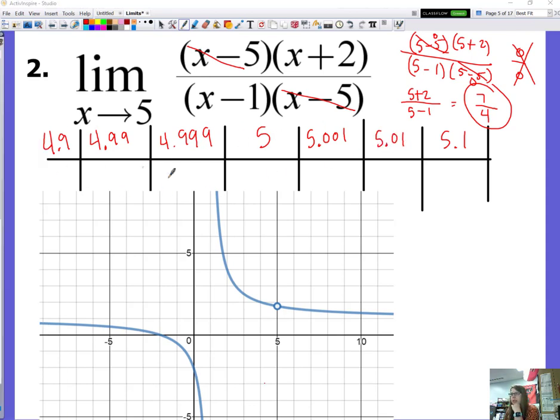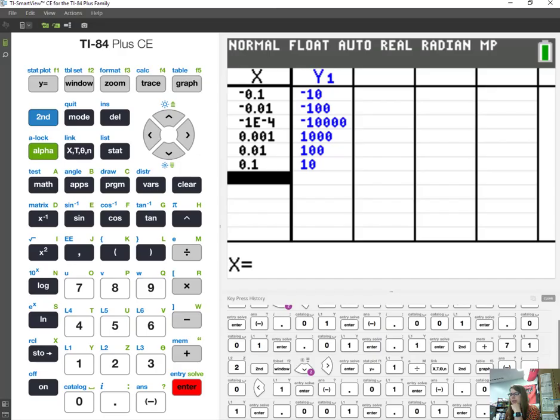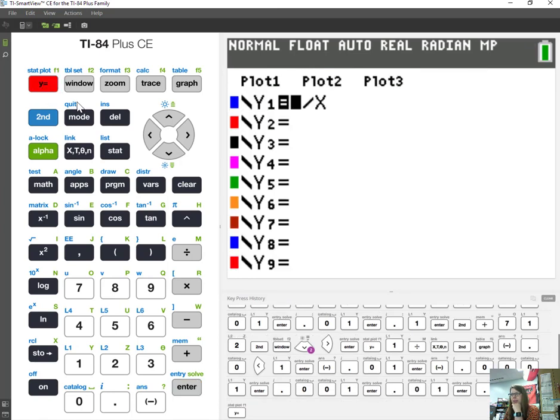So when we go and plug this into the calculator, it'll look exactly the same as before. So we need to put in new y values. So we have parentheses x plus 2 divided by x minus 1.